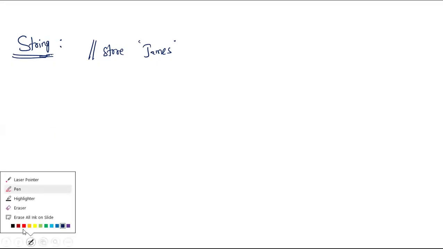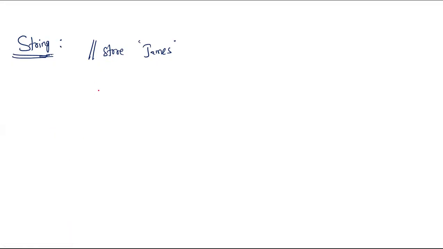For example, say the requirement is to store James. James Gosling is the person who introduced the Java programming language. So I'm taking only James. To store this data called James using the syntax, what should we use in place of the data type?